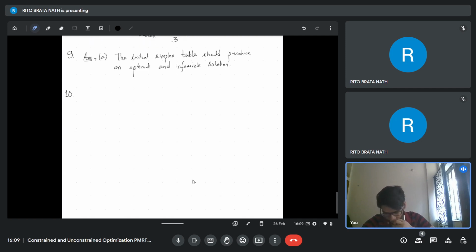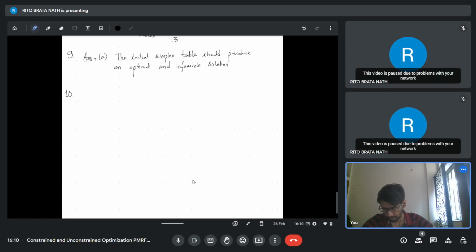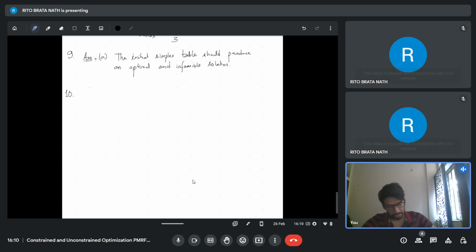And problem 10 asks which of the following is true about the dual simplex table. So the first one says the variable which enters the basis is identified before the departing variable. No, that's not true. And the other is the variable which departs the basis is identified before the entering variable. Yeah, so that's true because first you check for the feasibilities and so on, right? Because optimality is always satisfied.